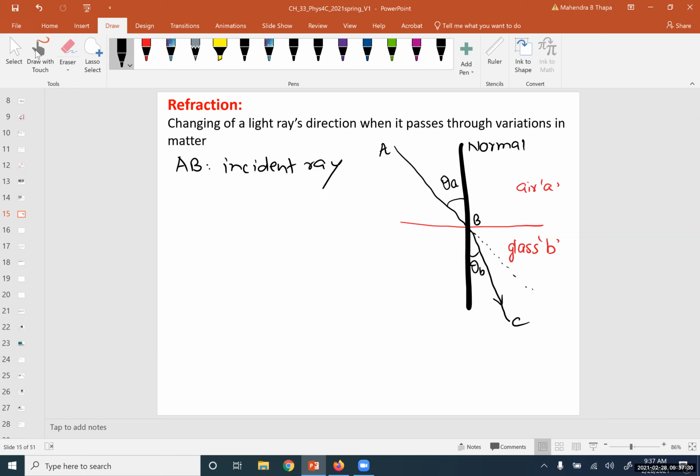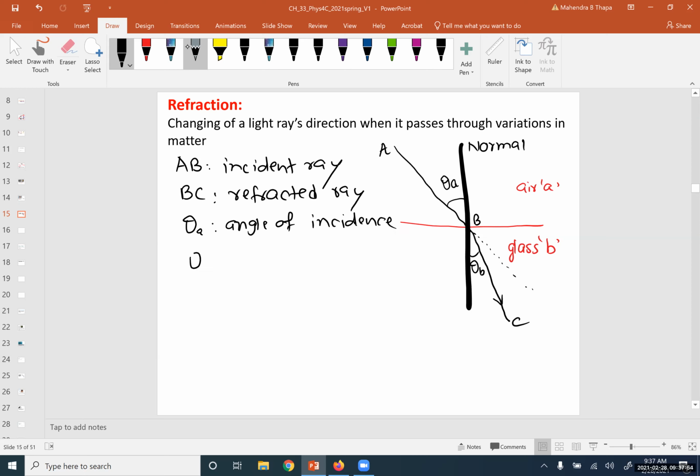Okay, BC is the refracted ray, and theta A is the angle of incidence, and theta B is the angle of refraction.